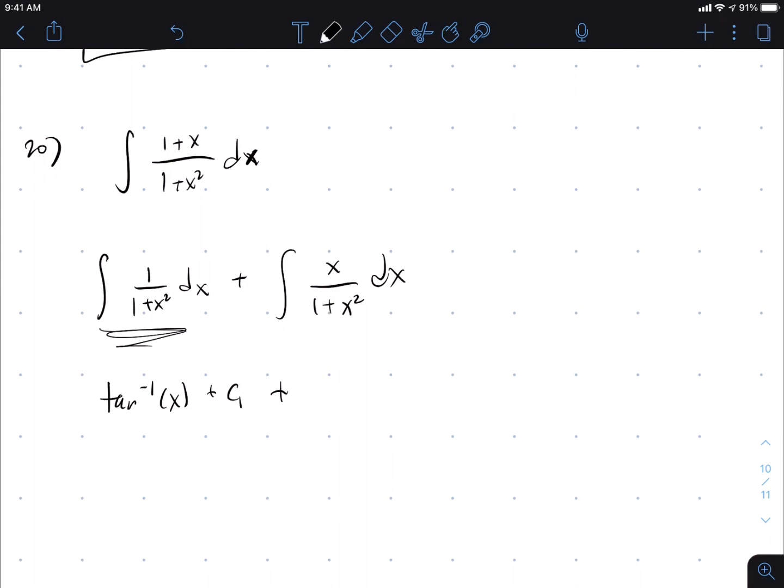It takes practice. It's a U sub, 1 plus x squared. Look what happens. When I take the derivative, what do I get? 2x dx. So let's get rid of the 2. Do you see what just happened?